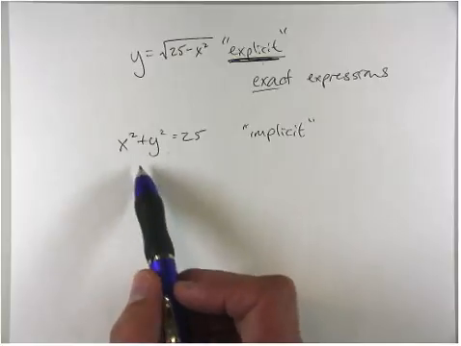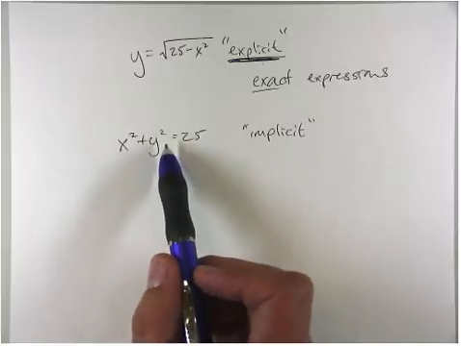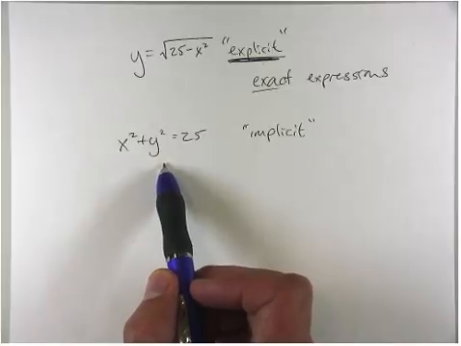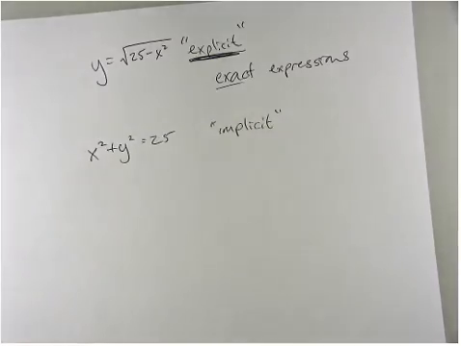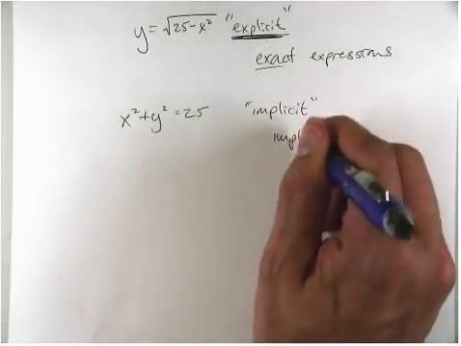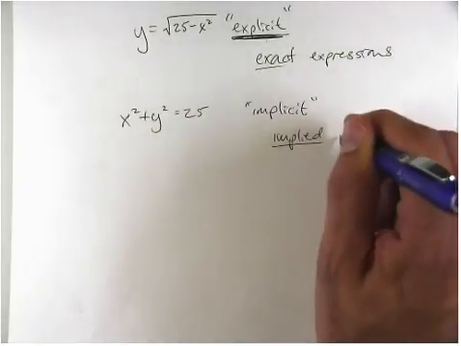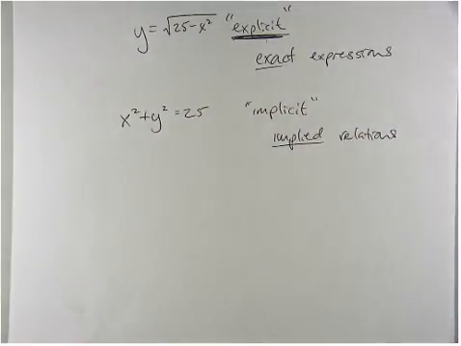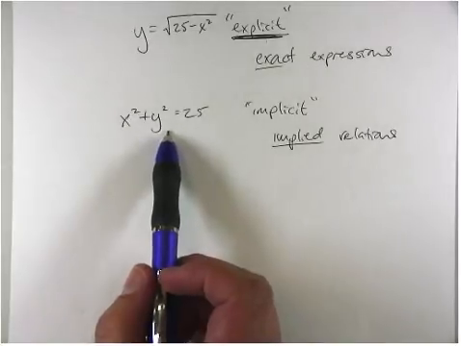You could give me an x, but I'm going to have to solve an equation. I'm going to have to futz with this equation in order to come up with what y might be, right? X and y are all kind of tangled up in implicit expressions, right? These are implied relationships. Implied relations.